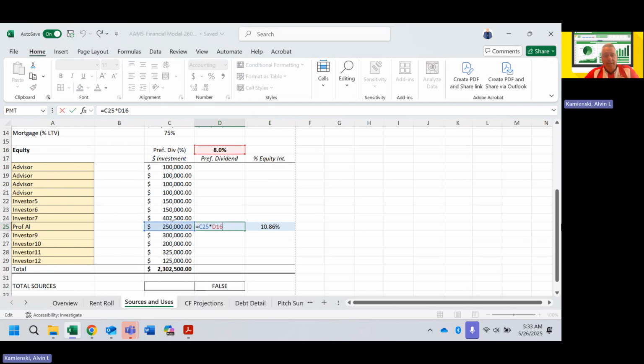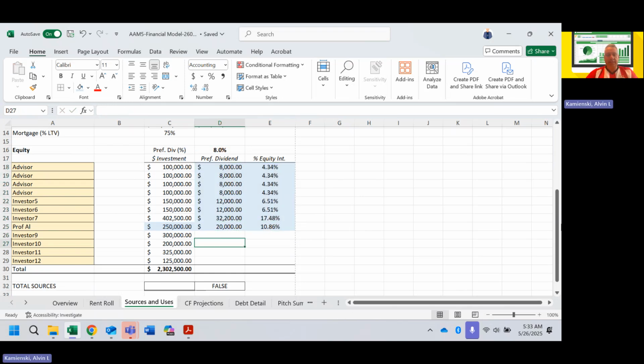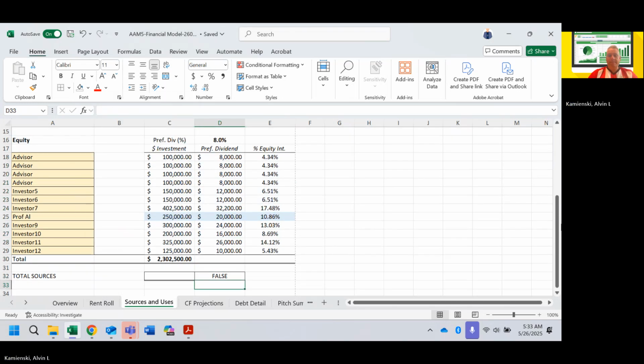You go back and fix the F4 on the D16 on your preferred, then I should be able to paste that in there, copy and paste that over there, and then take off the colors just so that I can focus on only myself.